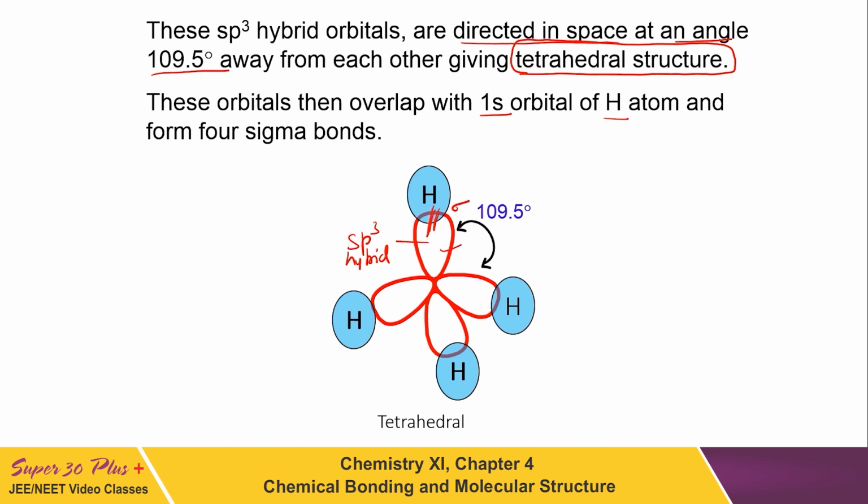You know what happens when I teach hybridization to these students, they start believing on their own that overlapping is not valid now. We don't need overlapping now, but please do take note that bonds are always formed by overlapping only.